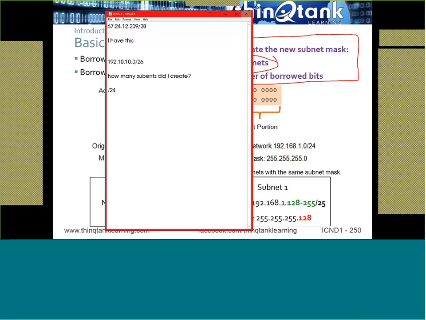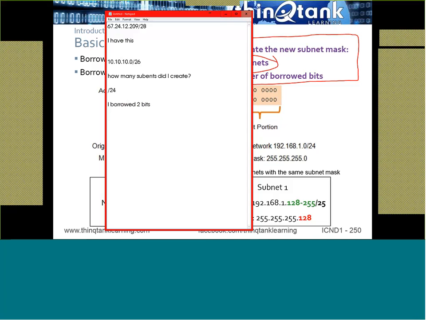So I'm making the assumption here that I borrowed 2 bits. I'm completely making that assumption based on the fact that I didn't tell you what you started with. That's why I changed this from a 10, because if that was a 10, then I would have borrowed a lot more than 2 bits.